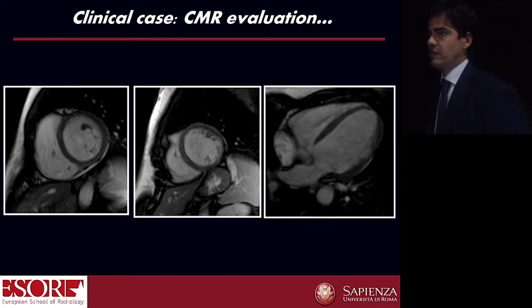To make it interactive, look at global function. Who would say this patient has a preserved ejection fraction? Raise your hands. I would raise my hand. So we are in the range of 55%. It's almost normal, or 60%, depends on how you see it.